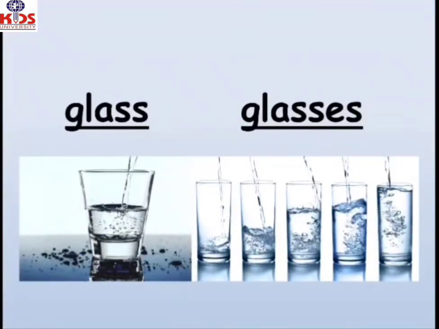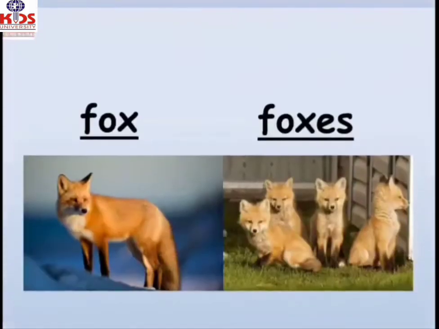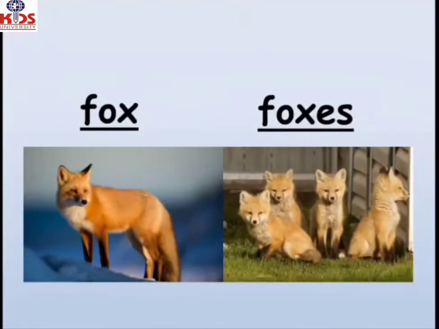In the same way, the noun glass ends with ss. That's why we have added es in its plural form. The plural form of glass is glasses. The noun fox is a singular form and foxes is a plural form.